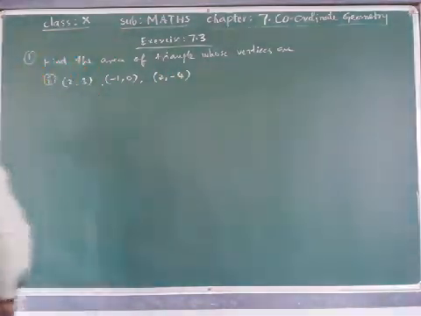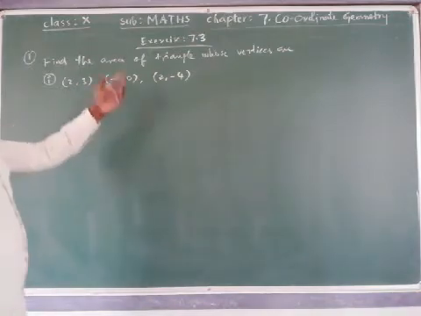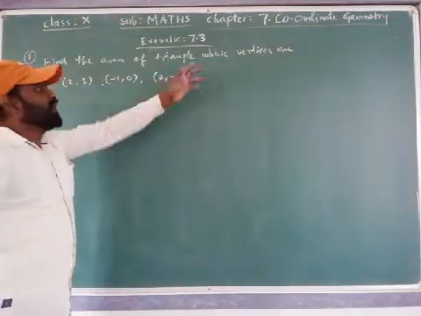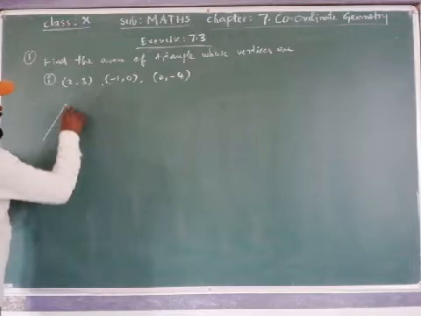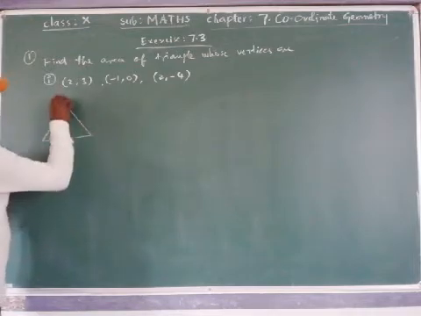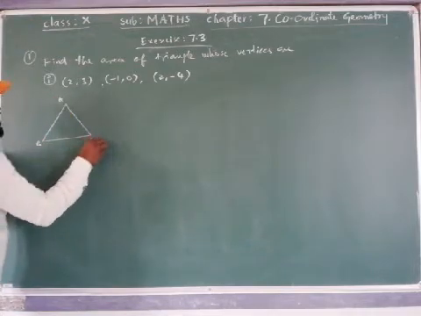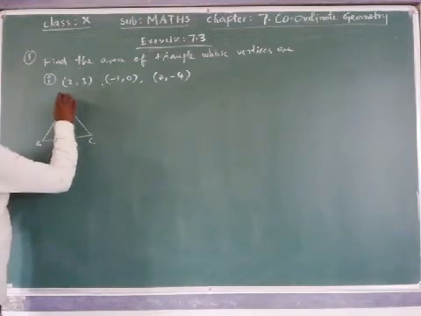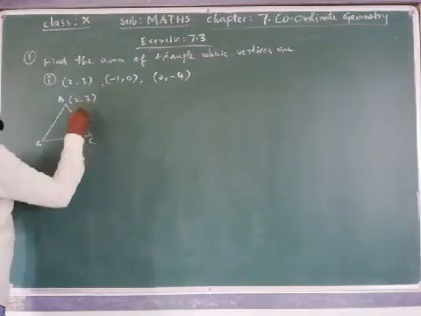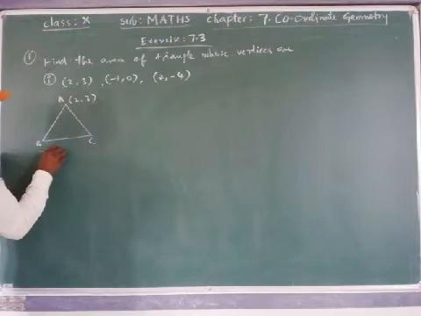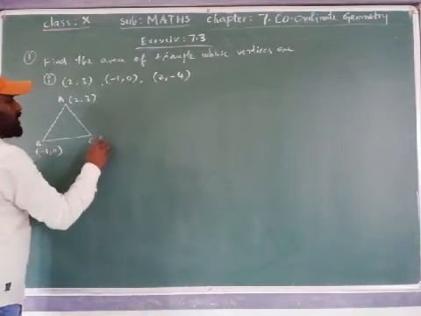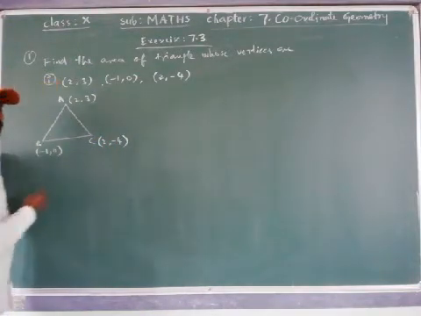These are the 3 vertices given, which are the vertices of a triangle. Let us take triangle ABC, where A is (2, 3), B is (minus 1, 0), C is (2, minus 4).